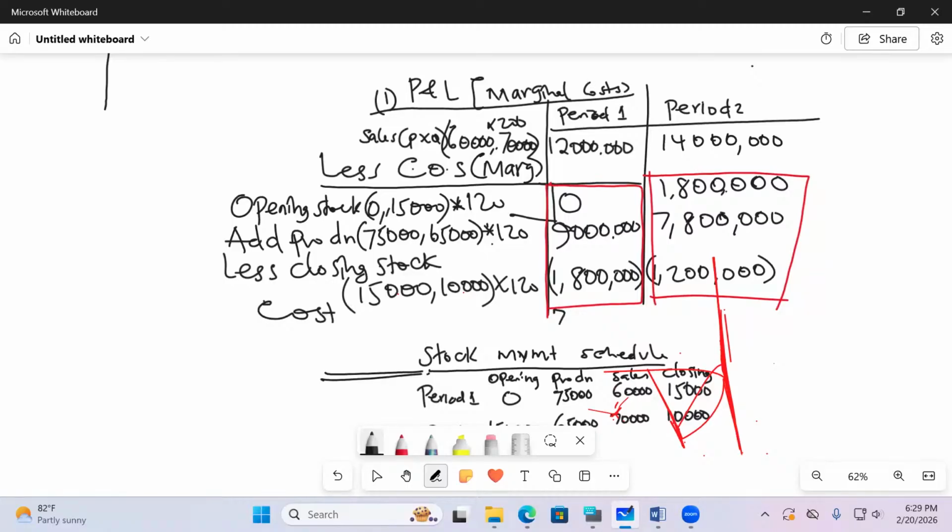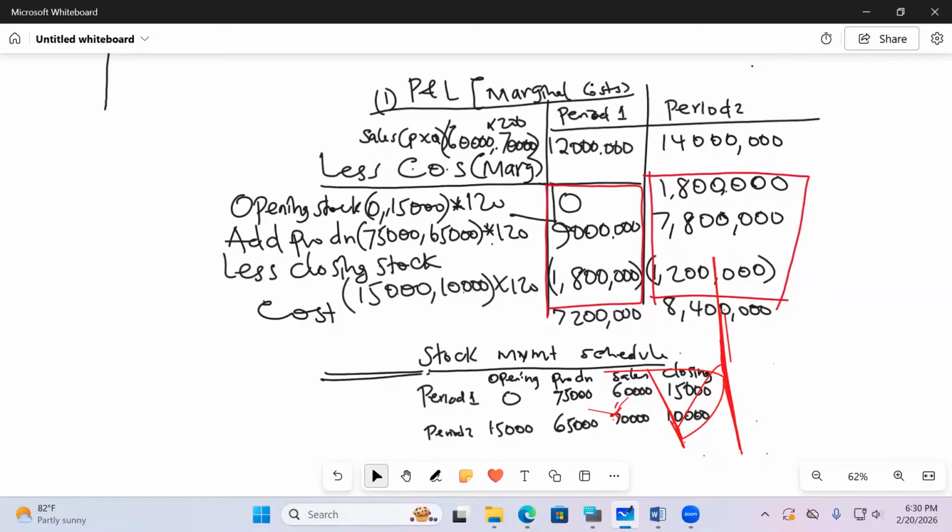7.2 million. How about the second period? 8.4 million. So here we have 8.4 million, like that. I know you are good now with this. You must be very good with this stock movement.